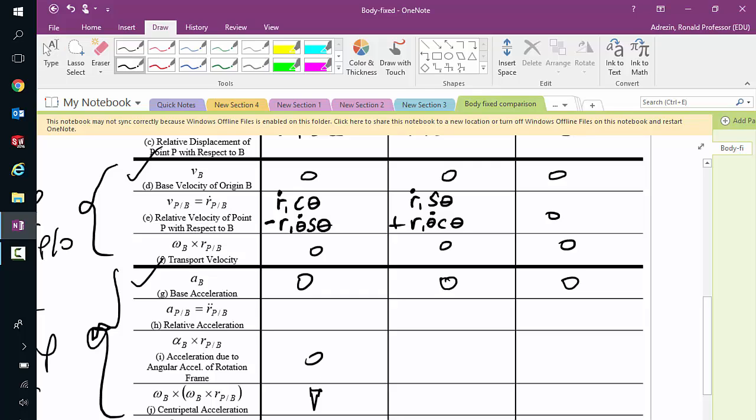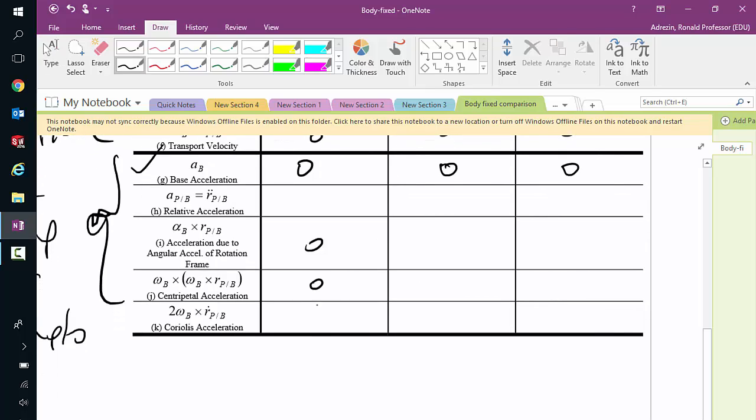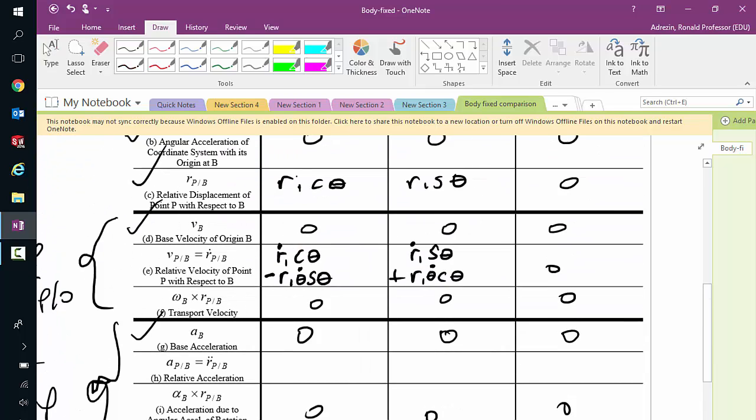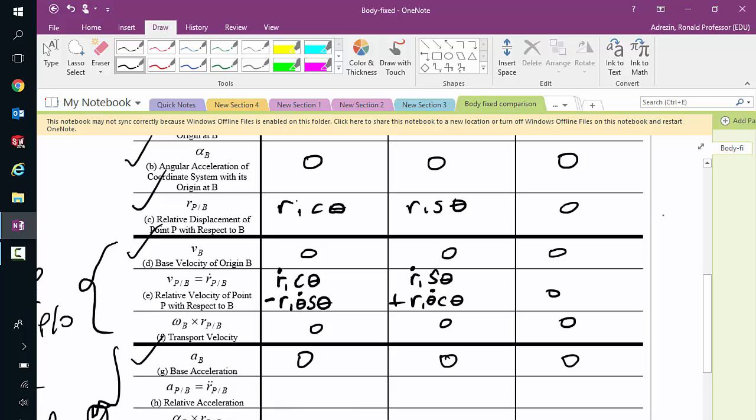Okay, let's finish this table. Omega, or 0. And now I have some derivatives to do. So just as I only looked at my R line to get my R dot, I just look at this R dot line to get my R double dot, basically my acceleration.